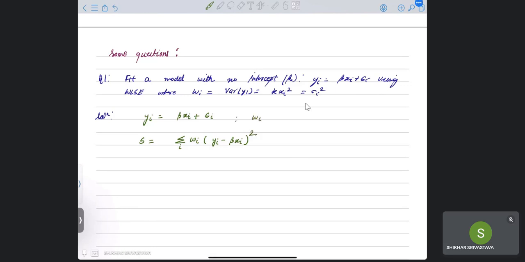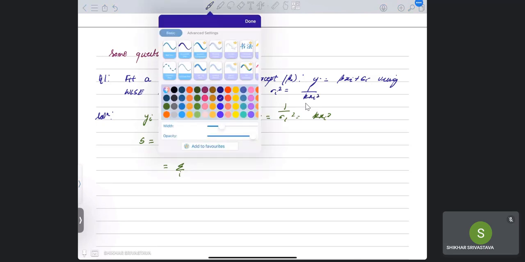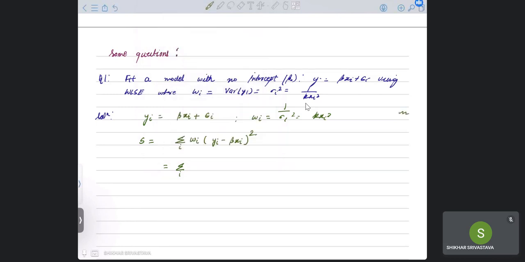Now wi has been given to you. The variance of y is sigma i square, which is equal to k xi square. Sorry, wi is 1 upon it, my mistake.